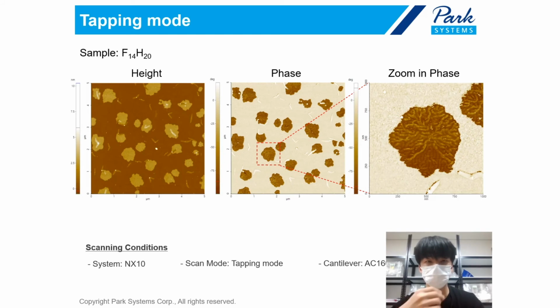This is the result of F14 and H20 with tapping mode. The height image and phase image look very clear, and we can see the relative mechanical properties in the phase image as well as MoS2.